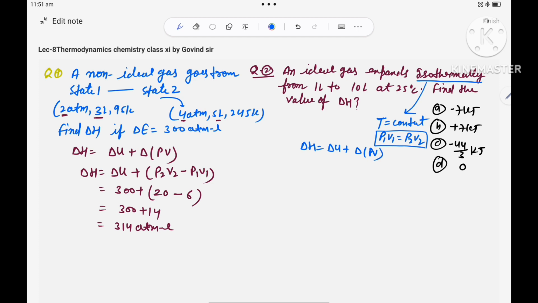For an isothermal process and an ideal gas, delta U is 0, I already told you. And delta PV is P2 V2 minus P1 V1, and both are equal. Then the answer is 0. For an ideal gas, the change in enthalpy will be 0 because it depends upon the temperature, that I told you many times.